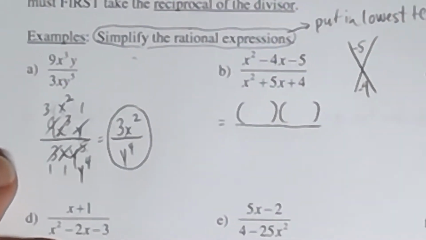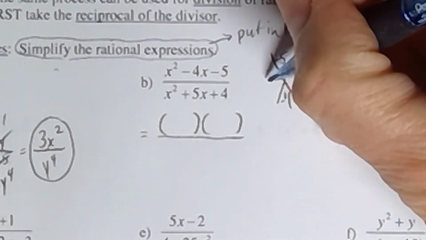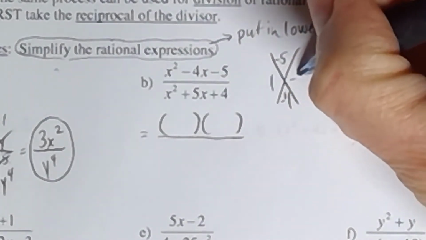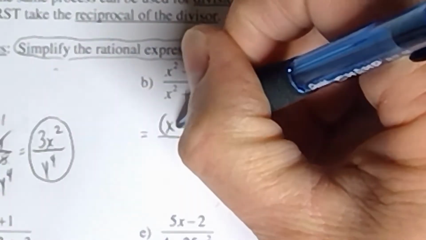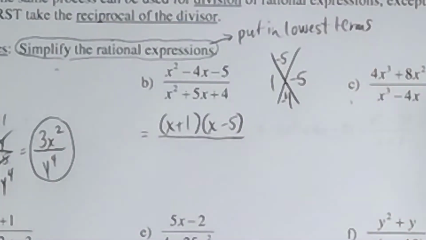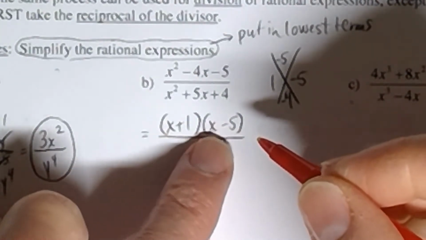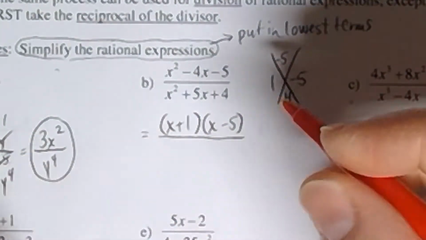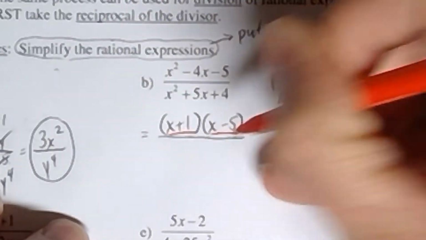And sure enough, -5 and -4 means that my numbers are going to be 1 and -5. So that means that we get x plus 1 and x minus 5. That is now done factoring because both of those brackets have 2 terms, with x to the first power. That is an automatic prime situation.